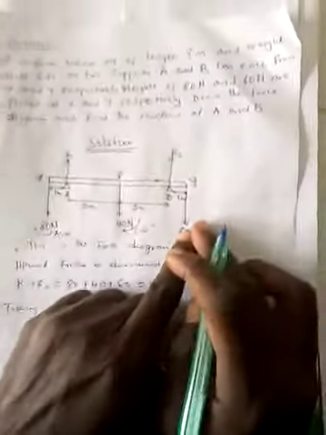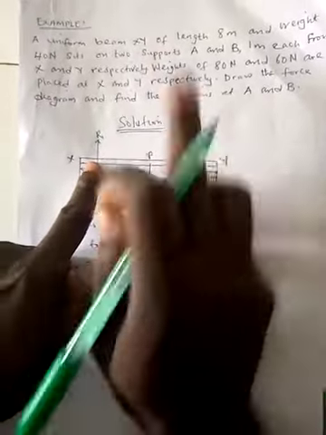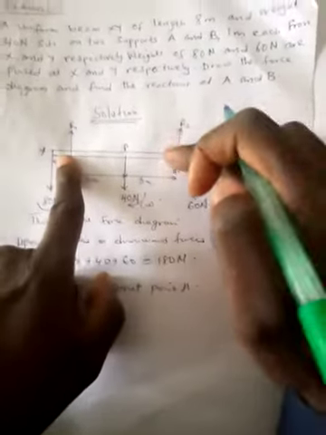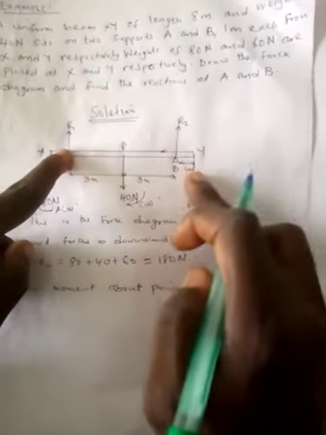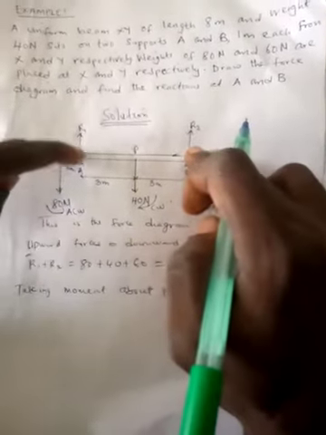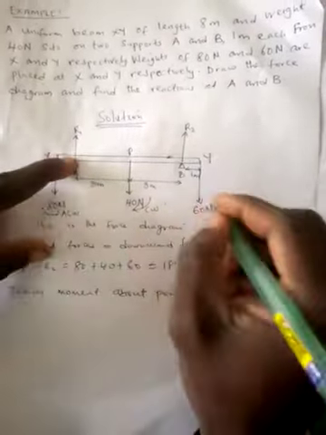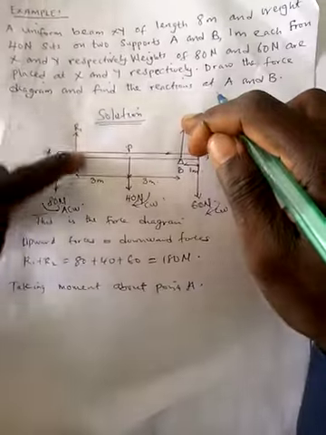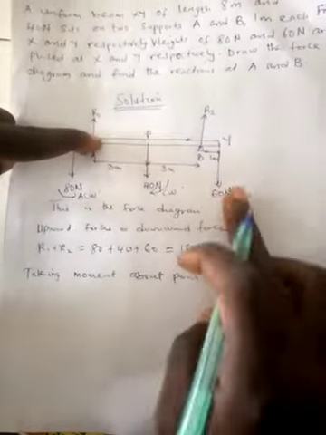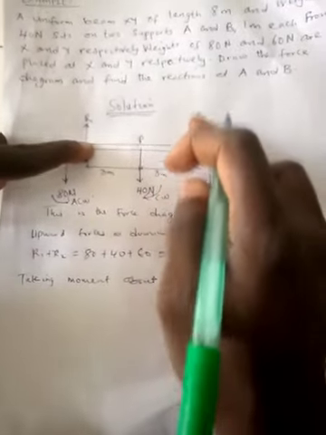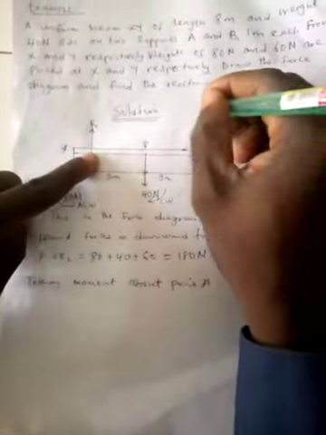The same goes for this one: it is going to rotate this beam about this point in this direction. So we have clockwise moment. Then this last force here is upward, so it's going to rotate this beam about this point in this direction. So this is anti-clockwise moment.